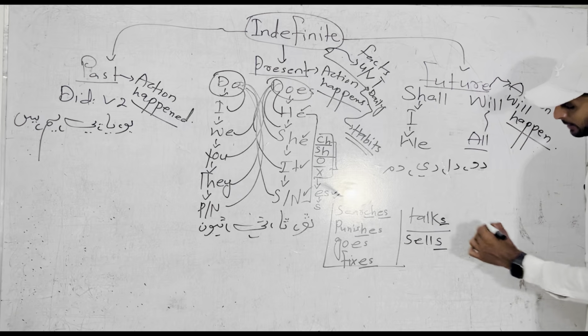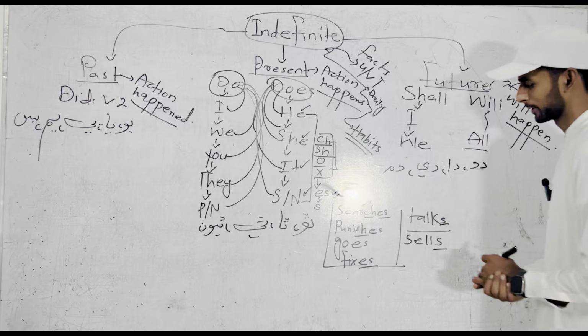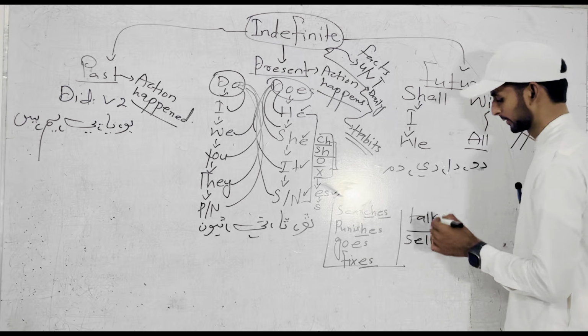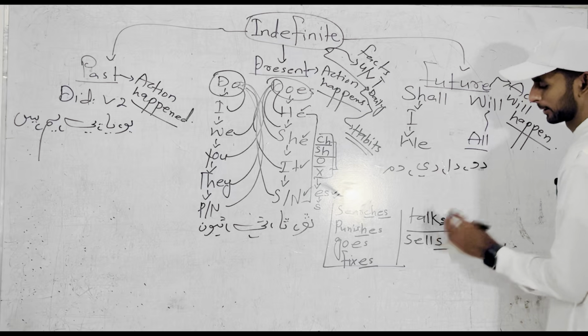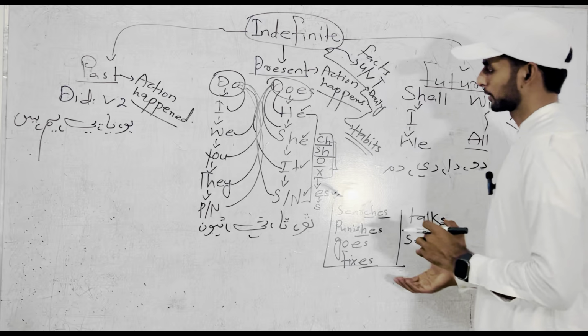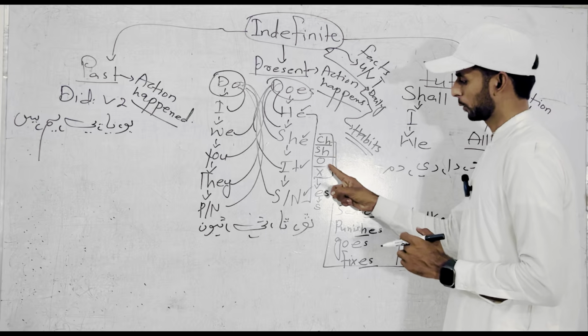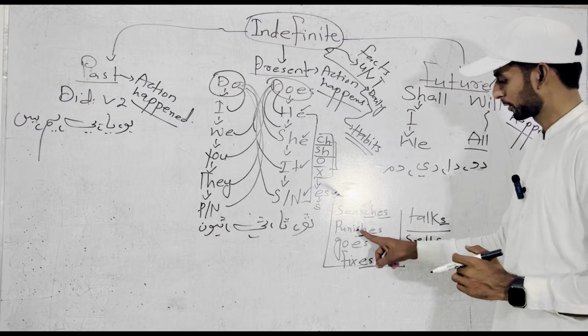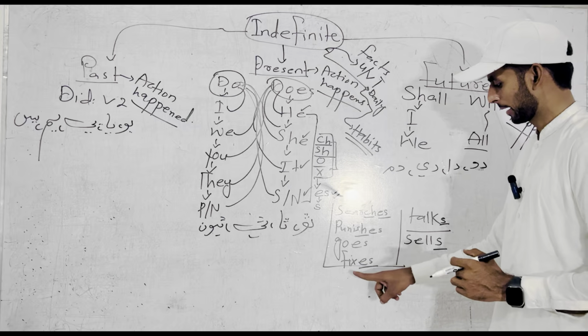Likewise, there are other examples as well. He searches, he punishes, he goes, he fixes, he talks, she sells, etc. So these are examples and usages of ch, sh, o, x, es with search, punish, go, and fix.